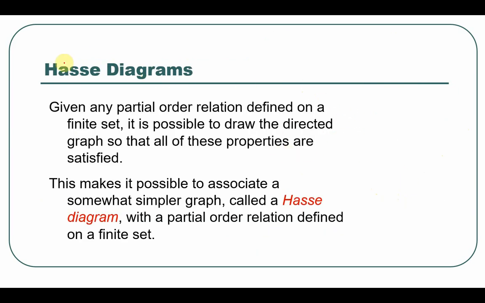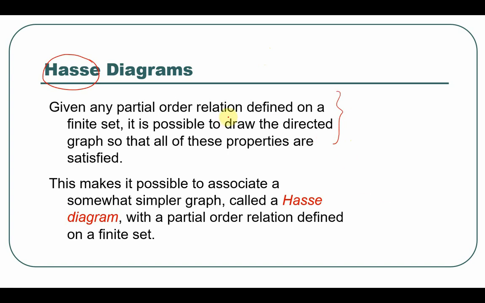Now, why do we need a Hasse diagram to represent a partially ordered relation? We already have an excellent way of representing any relation, that is with the help of a digraph. Given any relation, I can represent that with the help of a digraph. But representing a relation with the help of a digraph gives us a lot of extraneous information which might not be required when we are talking about the partial ordering property of that particular relation.